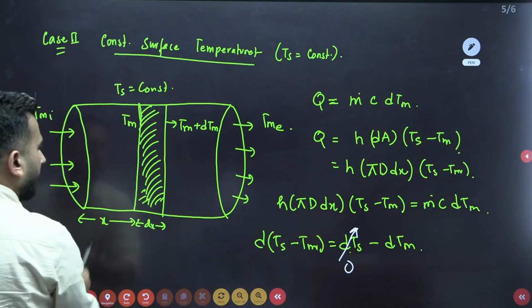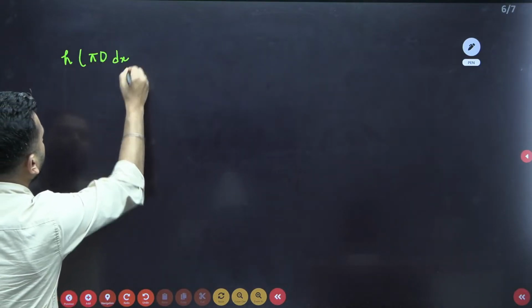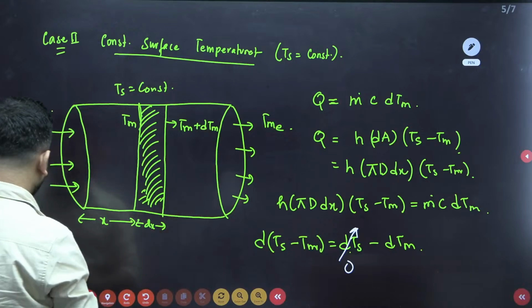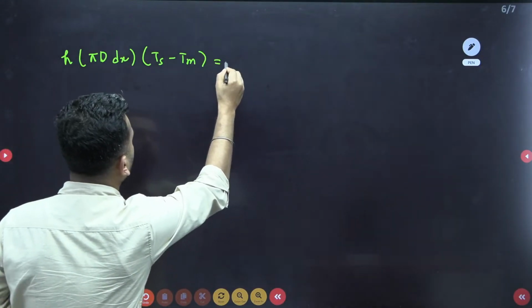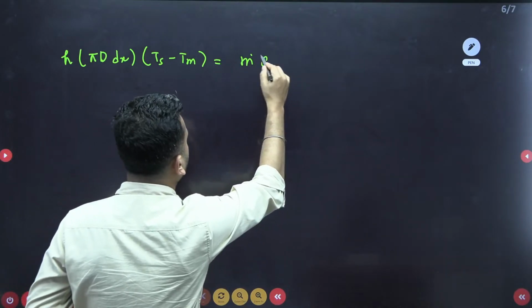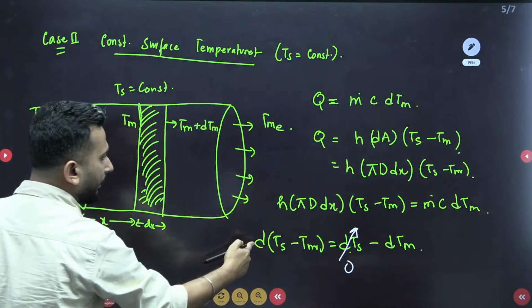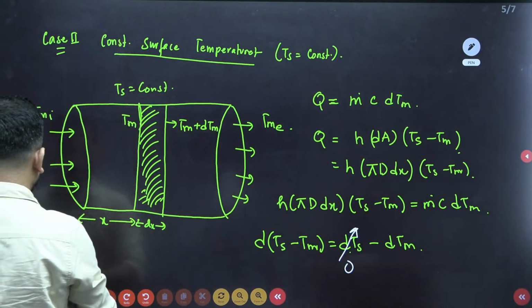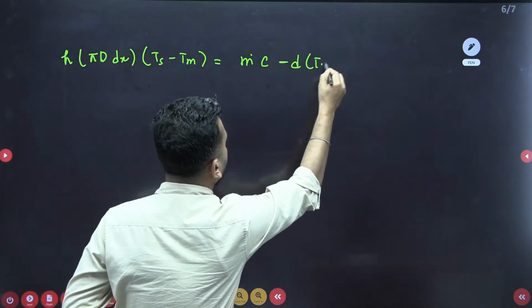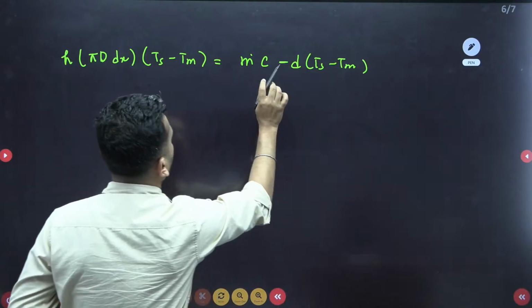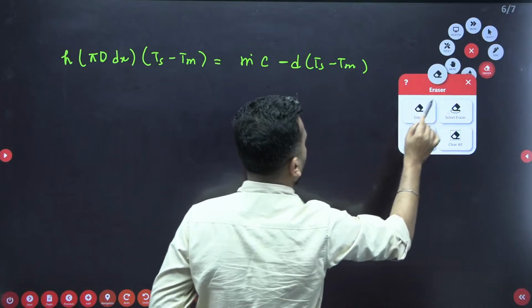So in place of dTm, this is h into pi d dx into Ts minus Tm, equal to m dot c, and in place of dTm I will be writing minus d of Ts minus Tm.